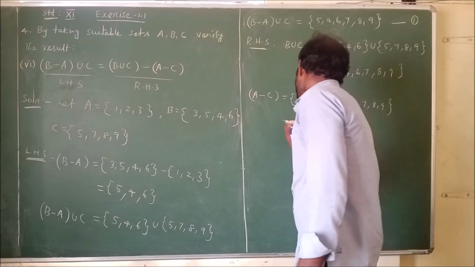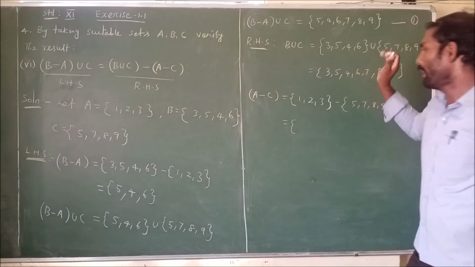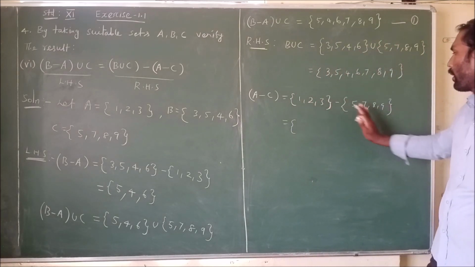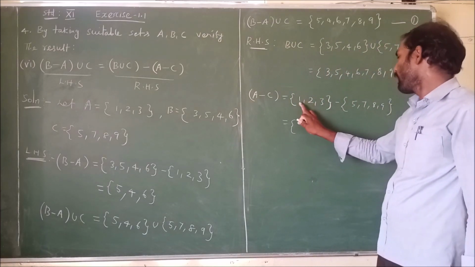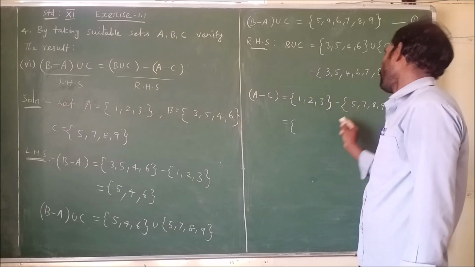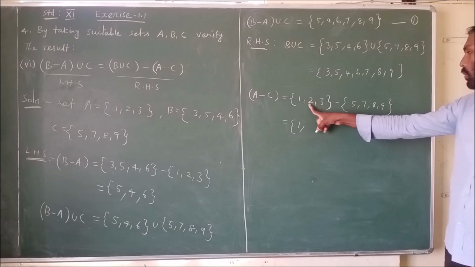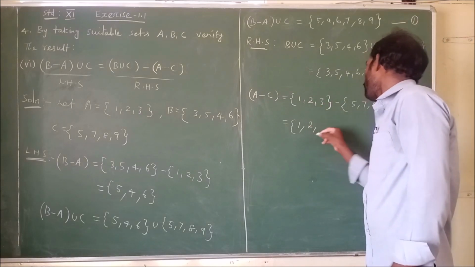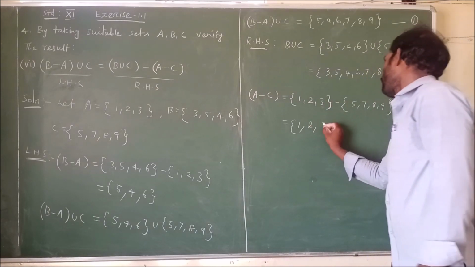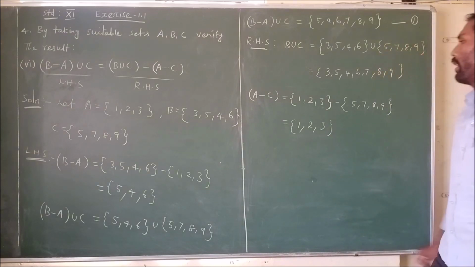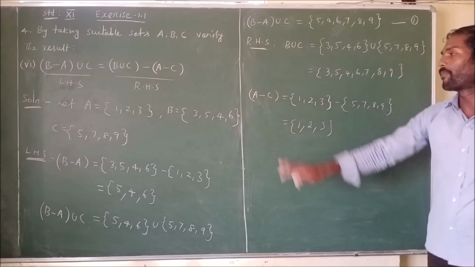So A minus C is the elements that appear only in A, not in C. 1 is not in C, 2 is not in C, 3 is not in C. So {1, 2, 3} is A minus C.